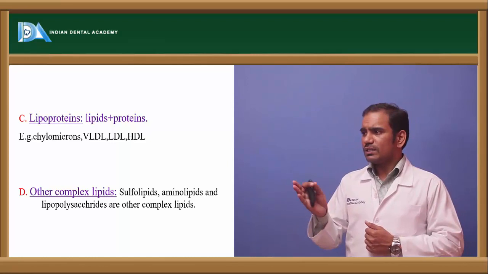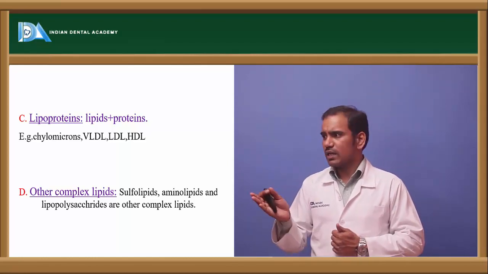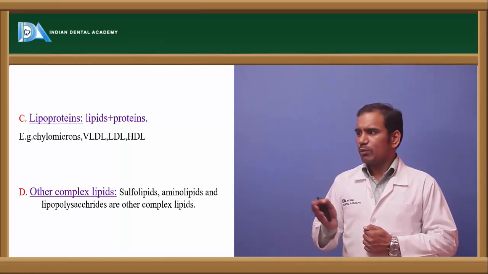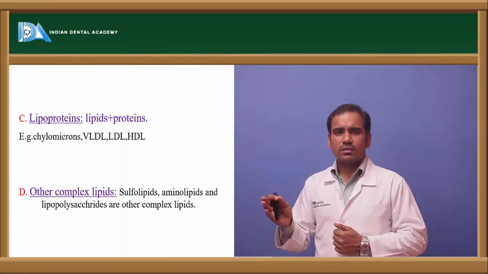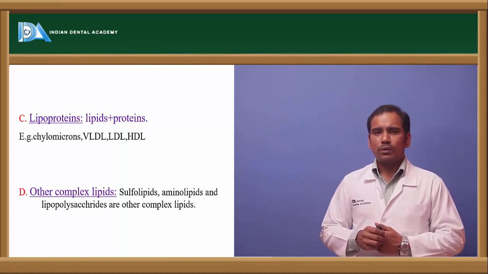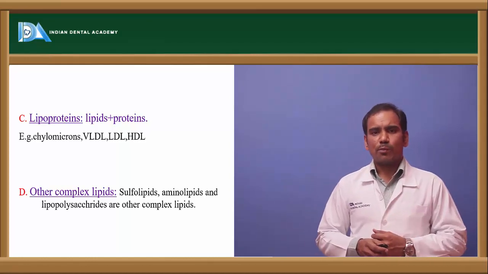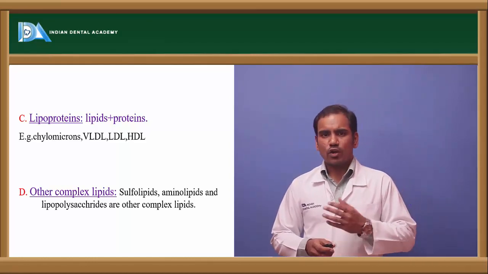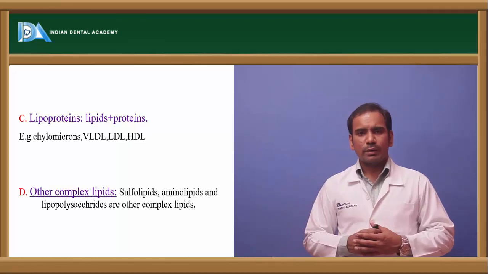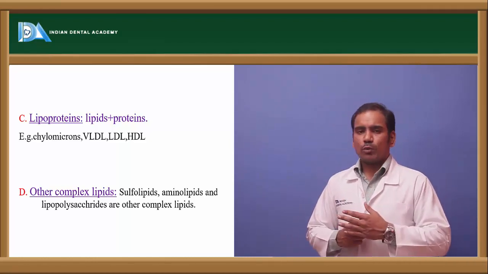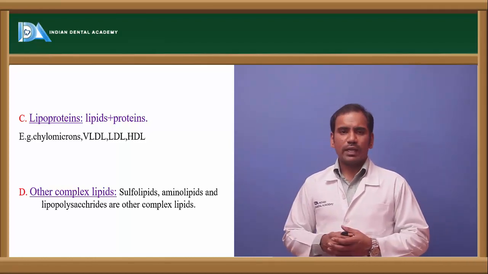Apart from that, we have other types of compound lipids like sulfolipids, aminolipids, lipopolysaccharides. All these are compound lipids. So this is the classification of compound lipids: phospholipids, glycolipids, lipoproteins, and other complex lipids.